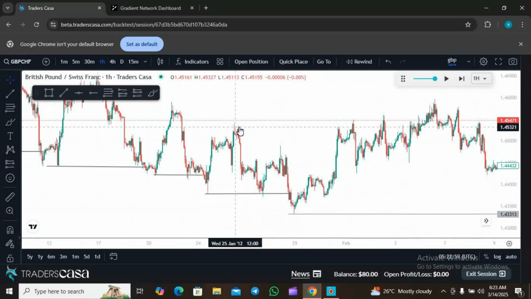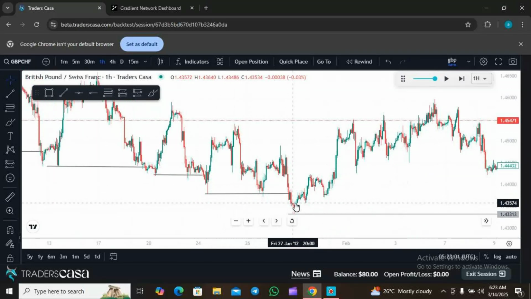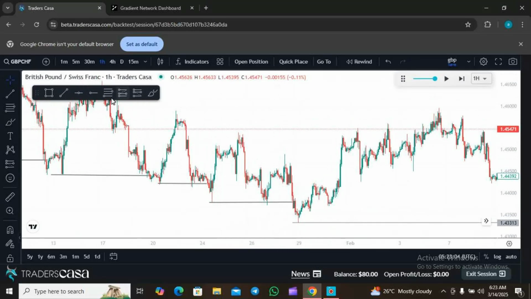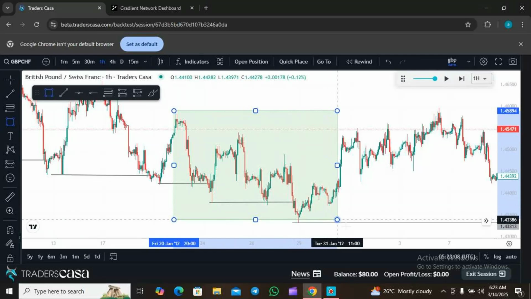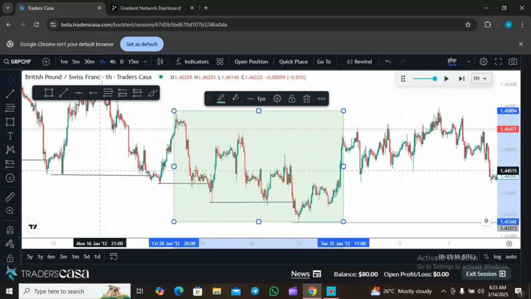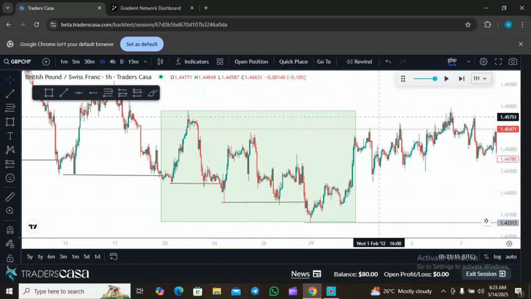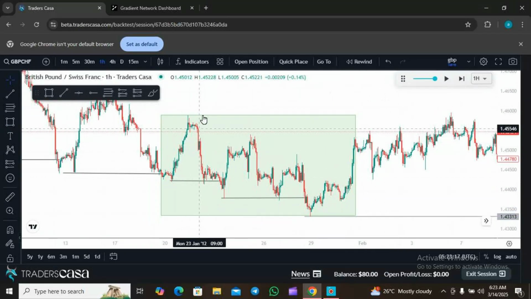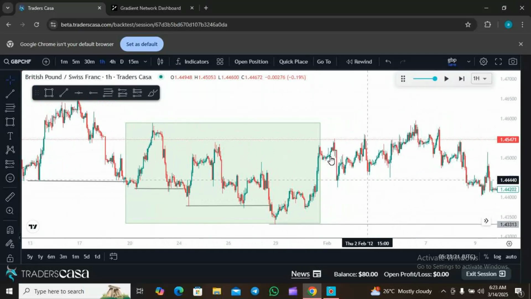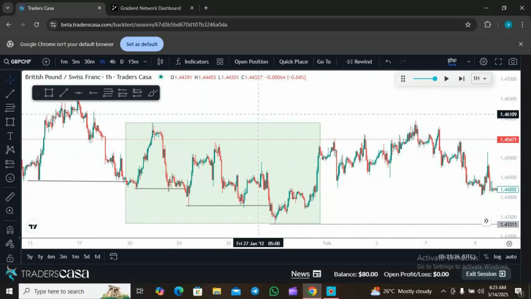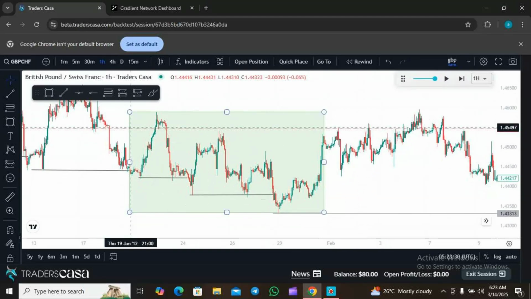And then another straight break of structure, making this a very high probability setup. I don't know if you guys are understanding here. Very straight break of structure, making this a very high probability trade setup.